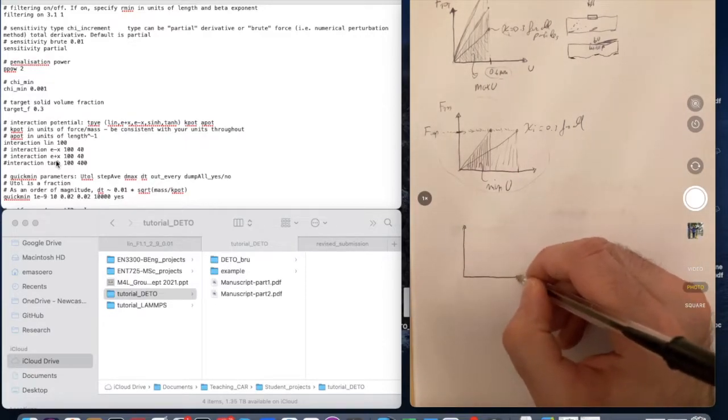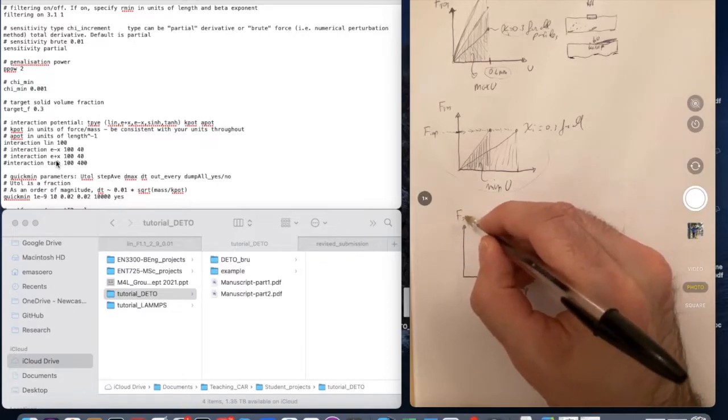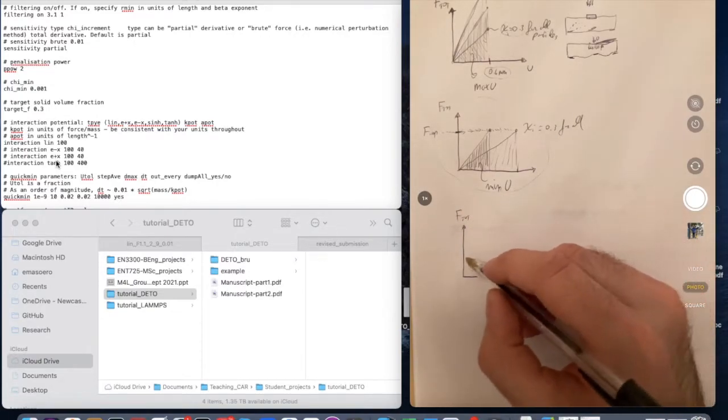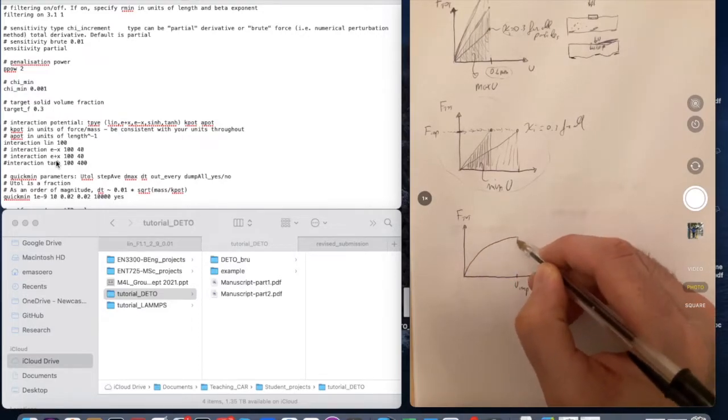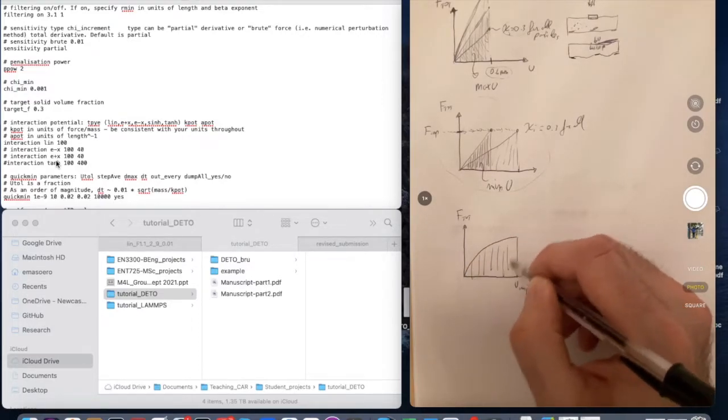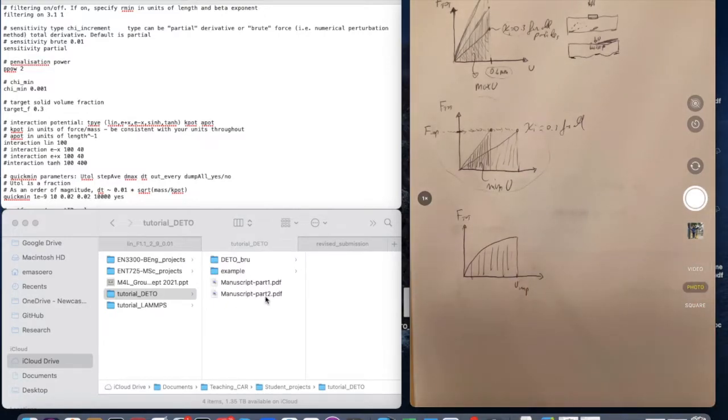So if you're imposing a given U imp, while you are running a simulation with the given distribution of x's, you're probably going to get something that is nonlinear. You can look at examples of these in the manuscript part 2, where we are using nonlinear interactions.